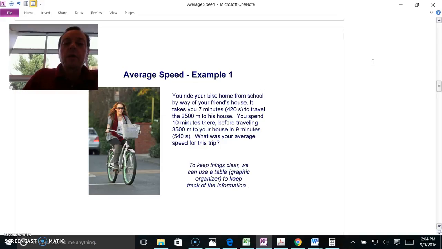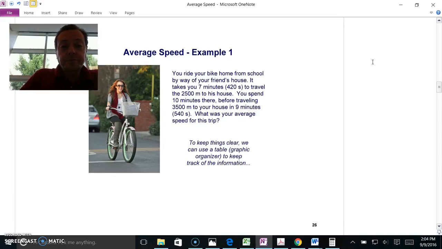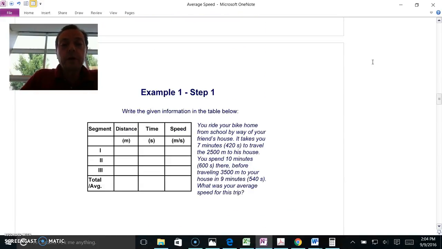Well, we're going to use a table or a graphic organizer to tabulate the results. The organizer looks like this. This is the first segment, second segment, third segment, and these are all the distances, all the times, and all the speeds.